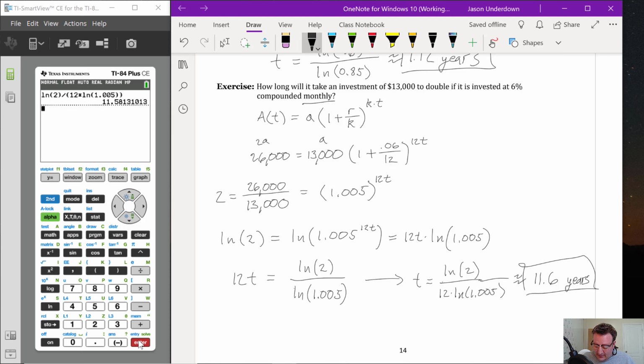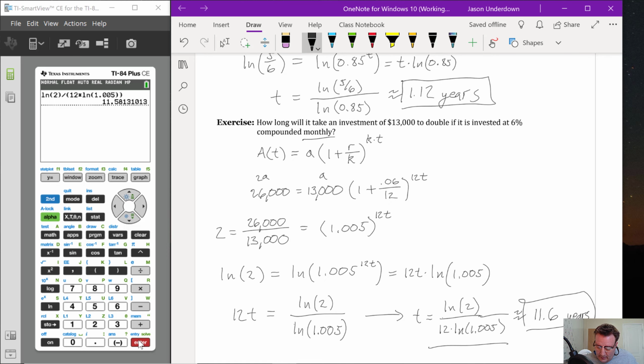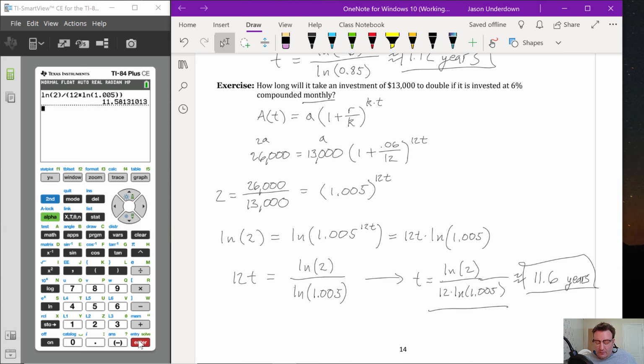Notice this expression here does not involve the principal of the account. Nowhere do you see the number 13,000 in that expression. It's irrelevant. The only thing that determines the doubling time for the investment account is the interest rate and the compounding, how frequently you compound. Okay?